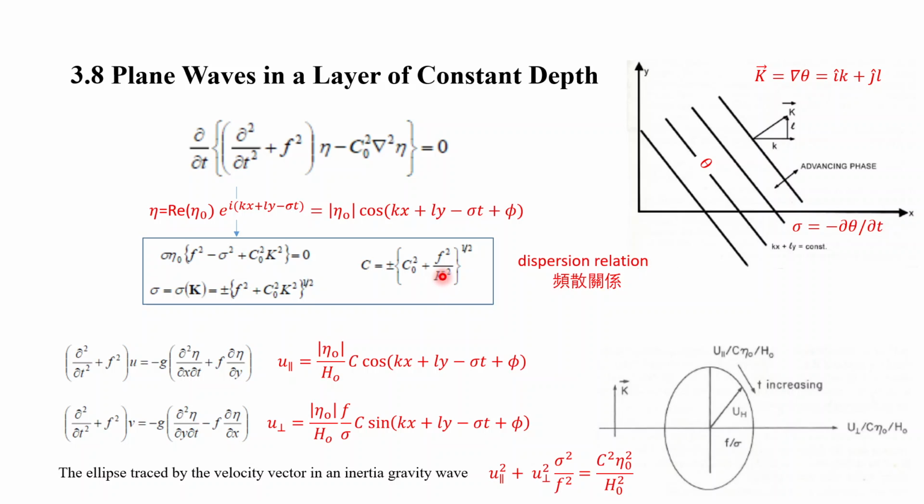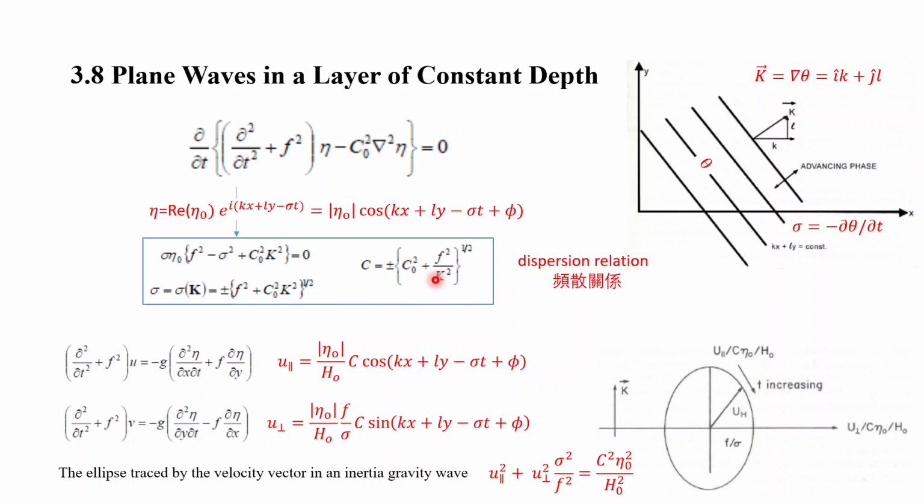If f is equal to 0, then this is the familiar form. This is the phase speed for the gravity wave, where c naught is defined as the square root of g h naught. But here, because you have the rotation f, the frequency for the gravity wave is always larger than the rate of rotation f.